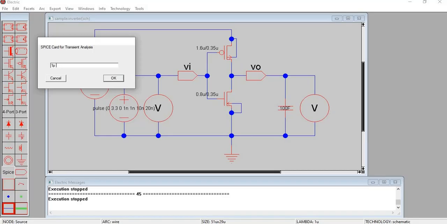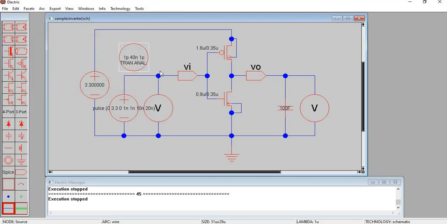In this case, I want to run it for 2 complete cycles. Since the period for our pulse is 20N, we're just going to double that value to 40N. Then 1P. It's just a floating symbol, so you can place it anywhere. Let's just put it there.